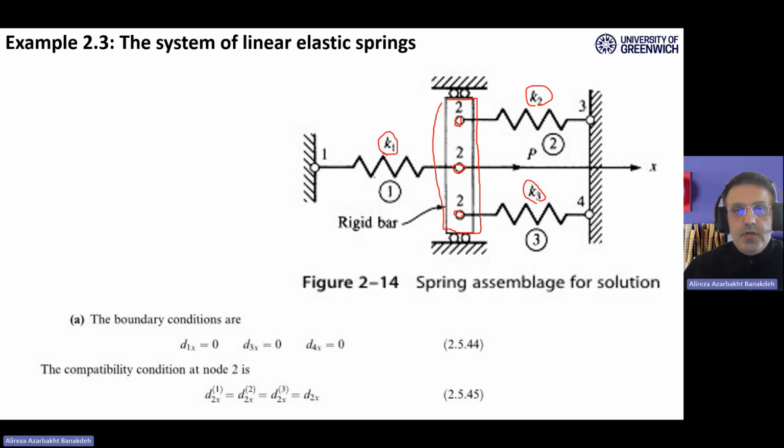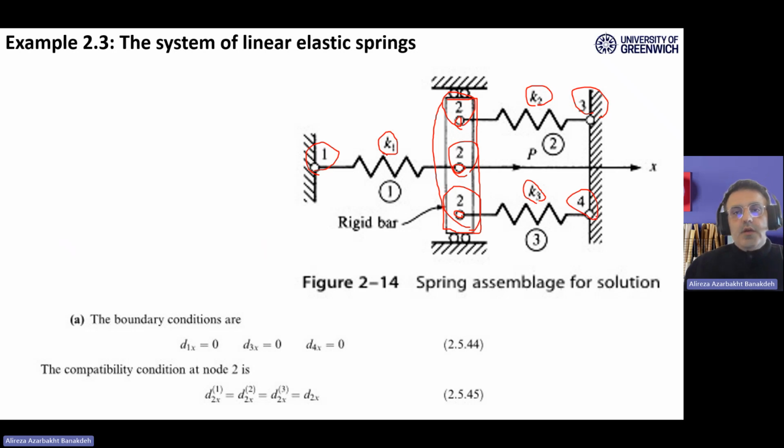So that's why when you want to number the nodes, this node is number one, and we put number two for all these nodes because they will deform the same. They're not different in deformation along the horizontal axis. And you have number three and number four.